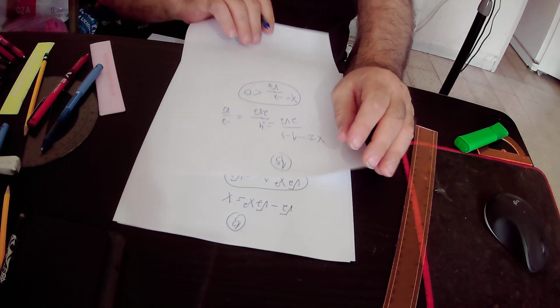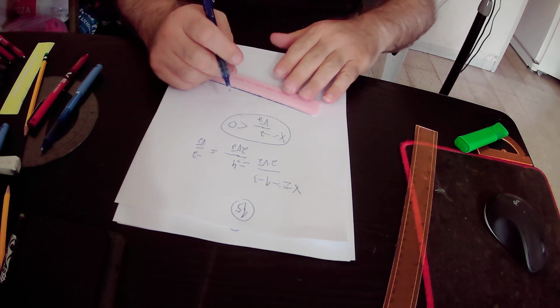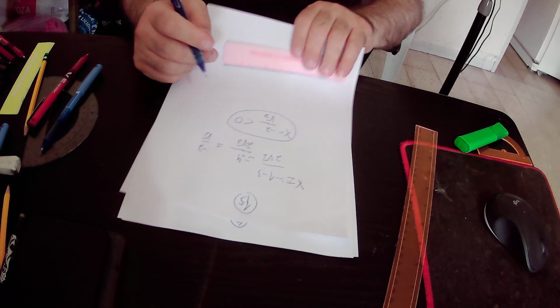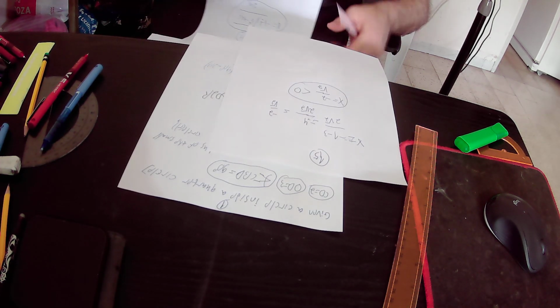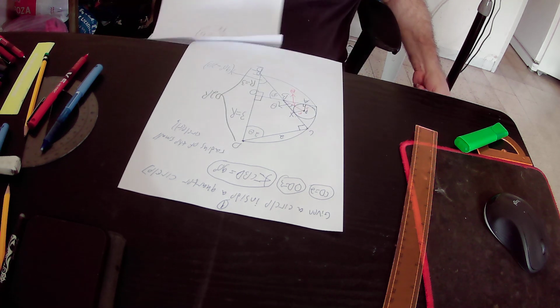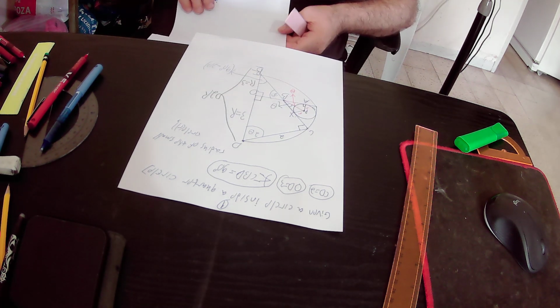And actually, in our drawing, we have right triangle ABP.